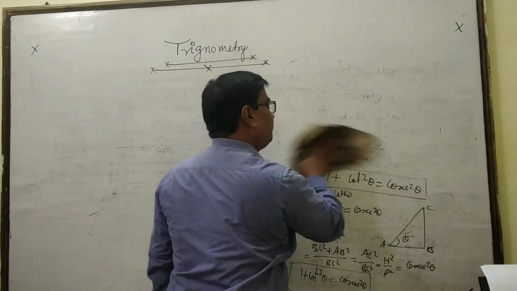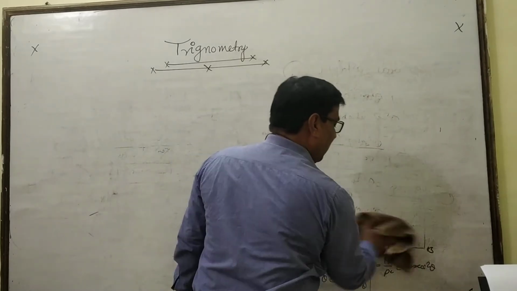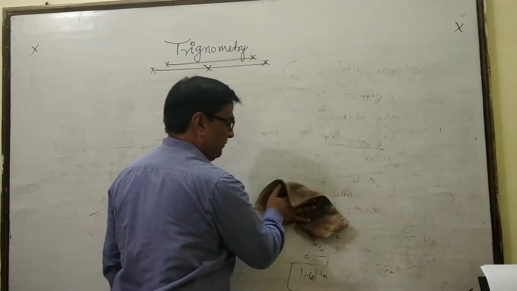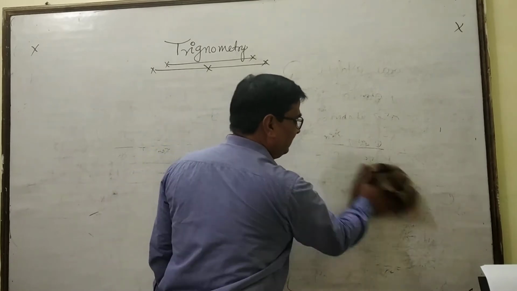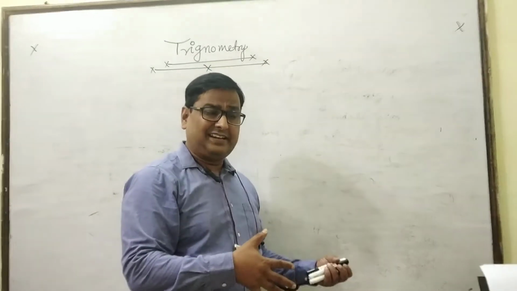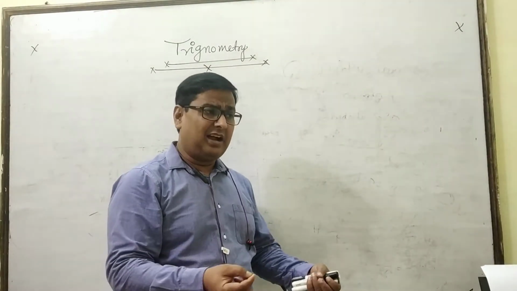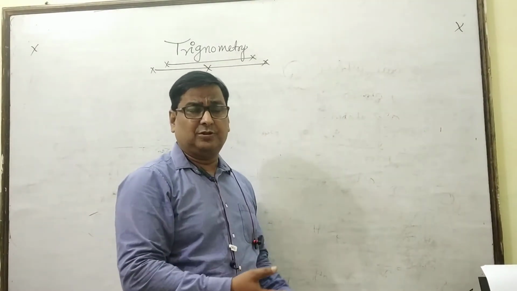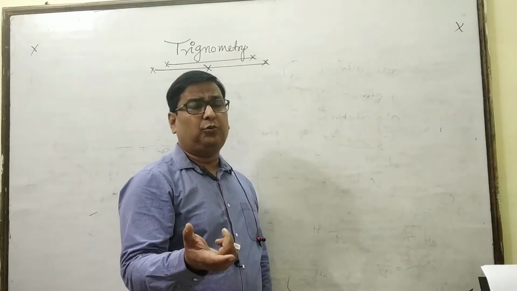So a trigonometrical identity is a relationship, an equation, taking all the trigonometrical ratios, and it is true for all the values of theta.